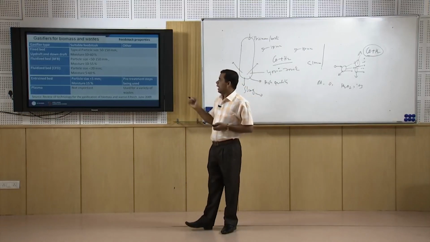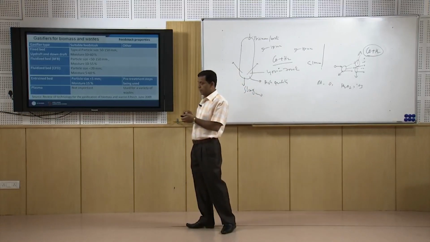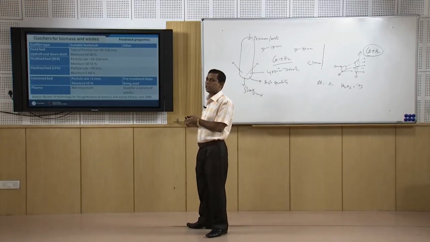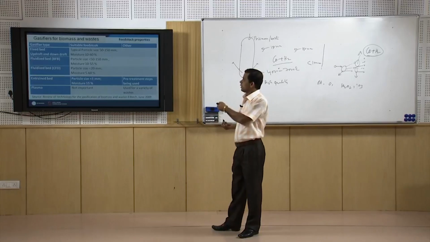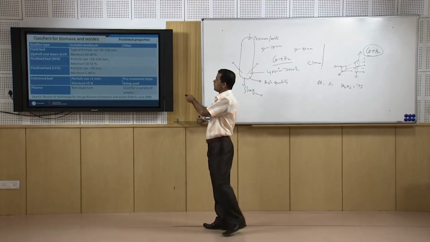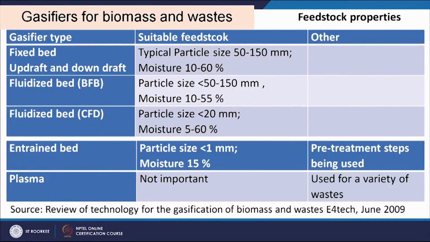And here is one important thing: the moisture content in biomass is very high with respect to coal. The fixed bed and fluidized bed reactors can handle biomass with a high amount of moisture, but for the entrained bed the moisture content must be less. But in a plasma gasifier, any moisture can be used.